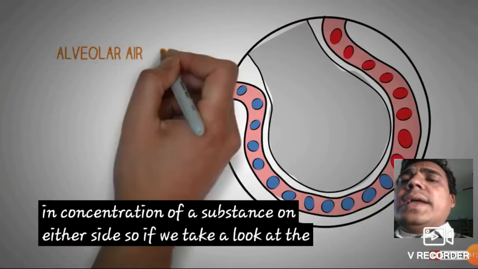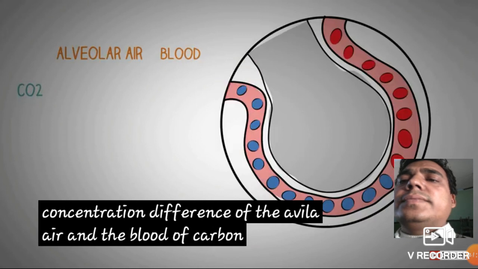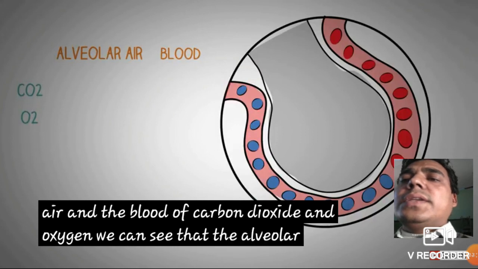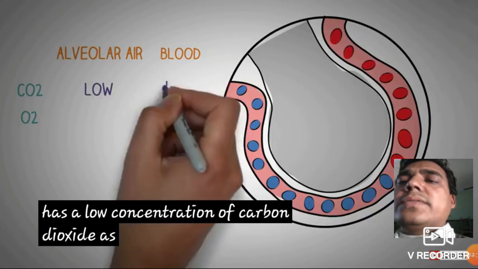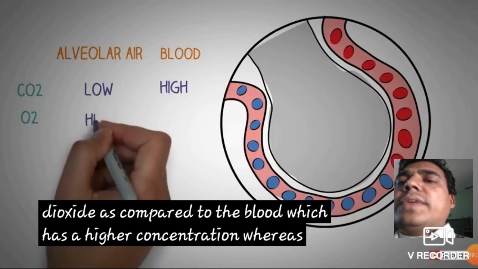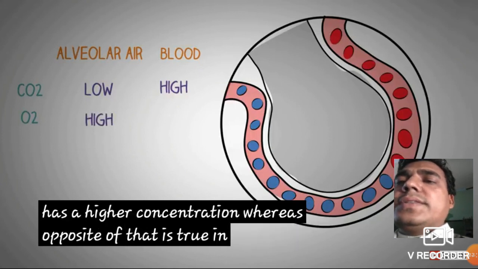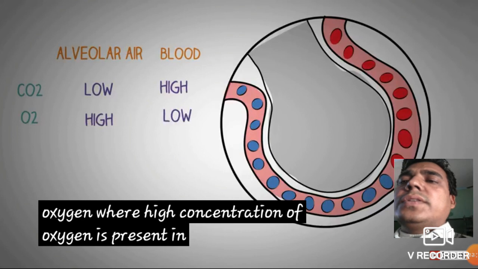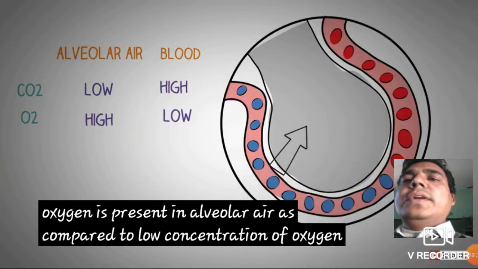So, if we take a look at the concentration difference of carbon dioxide and oxygen between the alveolar air and the blood, we can see that the alveolar air has a low concentration of carbon dioxide as compared to the blood, which has a higher concentration, whereas the opposite is true in the case of oxygen, where a high concentration of oxygen is present in the alveolar air as compared to a low concentration of oxygen in the blood.